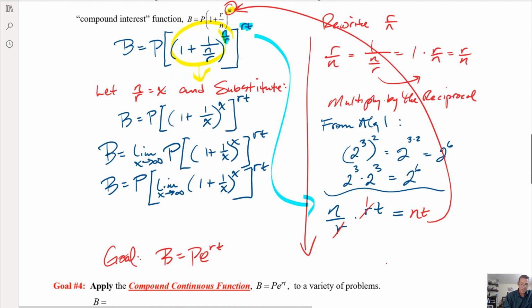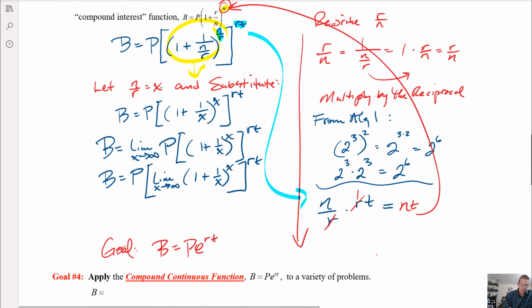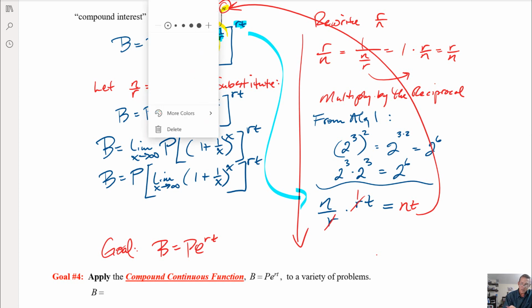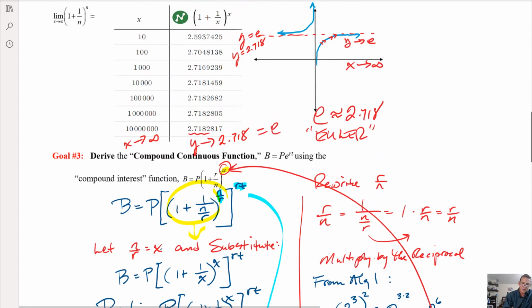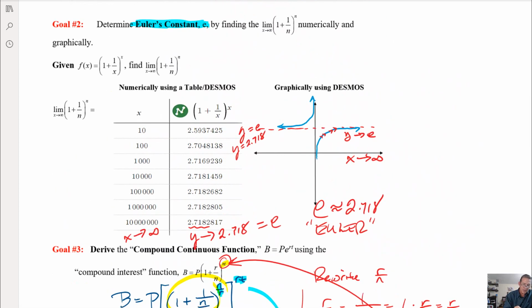So let's do this. Here we go. Now we take the limit. Now we just talked about a very special thing above here. So let's go back to our lesson. We talked about the limit of 1 plus 1 over x to the x power. I should have changed this; this should be x in here, and this should be x here. And we talked about how it's equal to, or approaches, e.